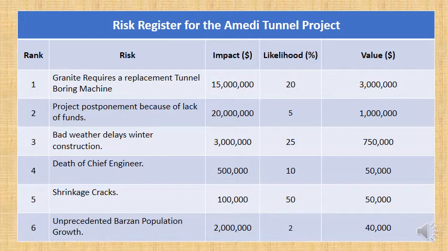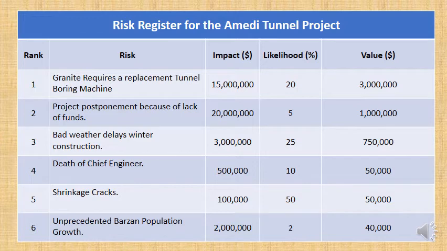So the first risk, the biggest risk, is that granite is encountered, and that means we're going to have to replace the tunnel boring machine with a much stronger tunnel boring machine. And remember, these are huge pieces of machinery. To import a brand new, stronger tunnel boring machine into the KRG is going to cost a lot of money.